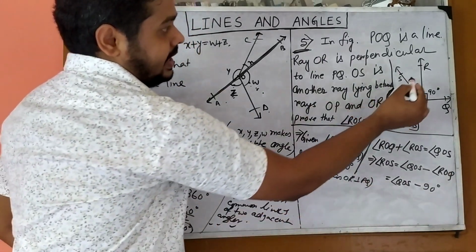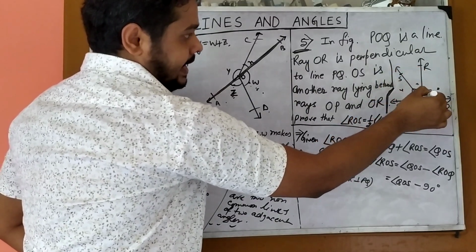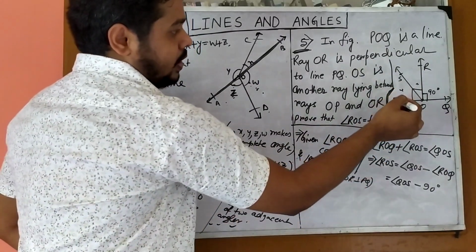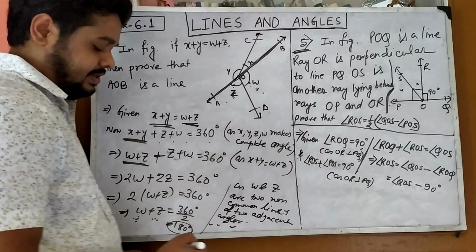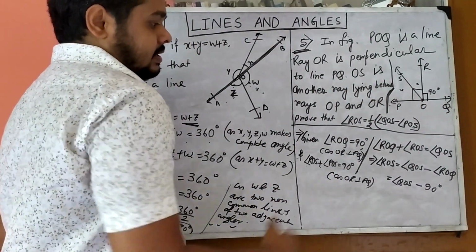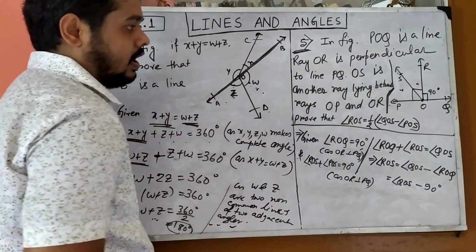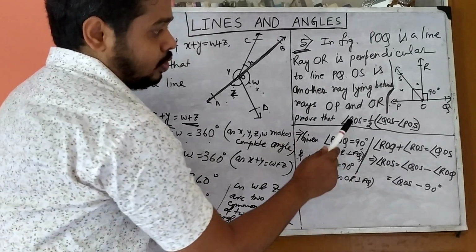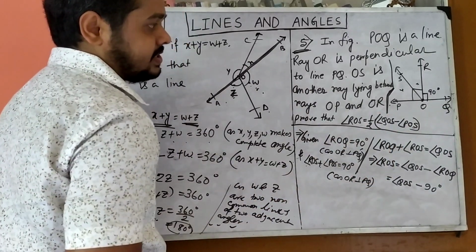So we can write ROS plus SOP, or POS, anyone: ROS plus POS equals 90 degrees. Clear? The reason is OR is perpendicular to PQ. Now we also have to prove ROS equals half of QOS minus POS.